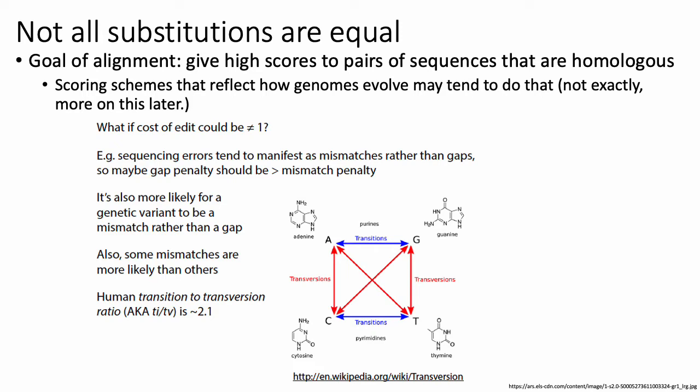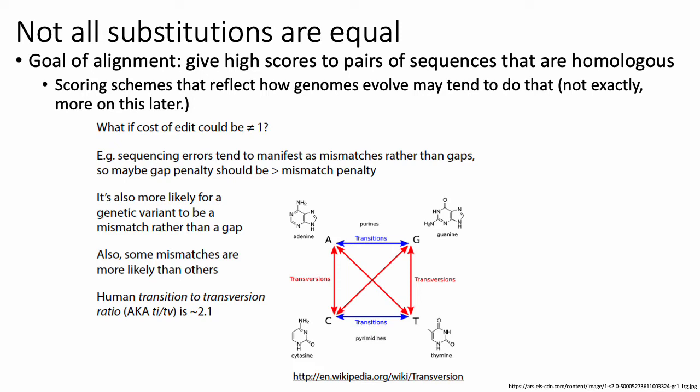What I mean by that is, for example, when you talk about genome evolution, at least in humans anyways, transitions tend to occur more frequently than transversions. And so if you want an alignment that captures that notion, then you should essentially penalize transversions more highly than transitions, because they do tend to be more rare, and so they shouldn't happen in sequence alignments as often.